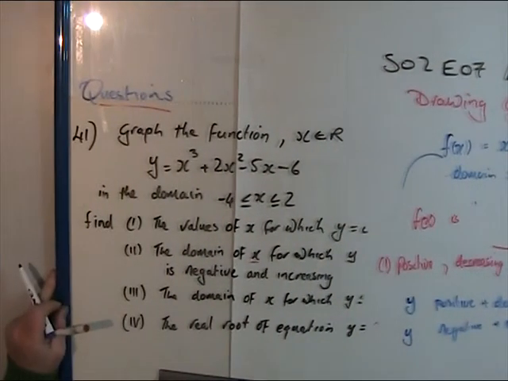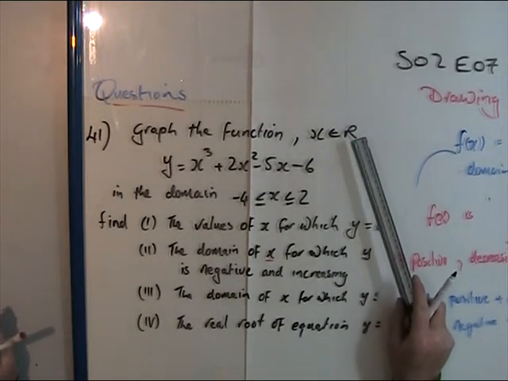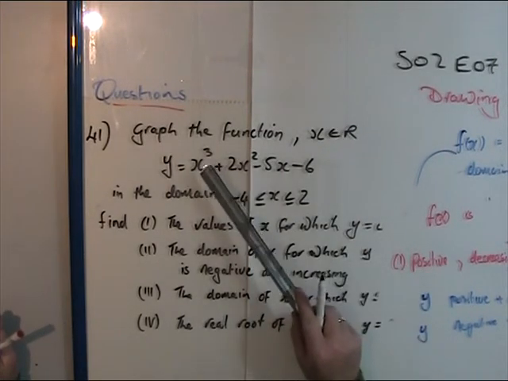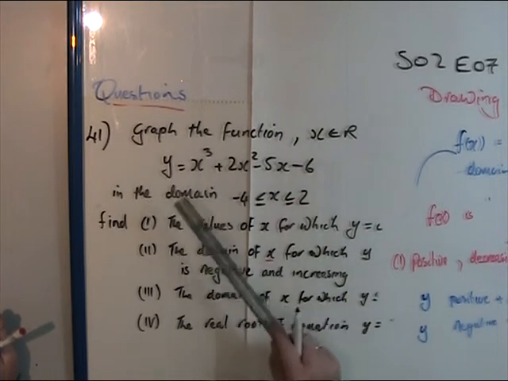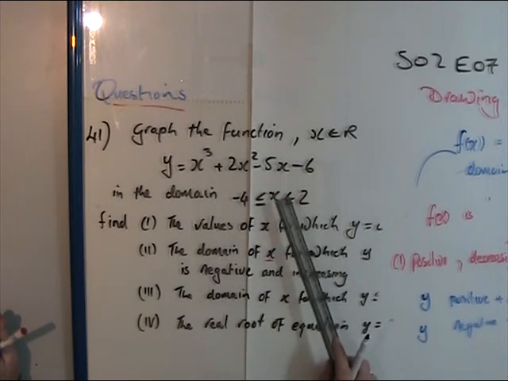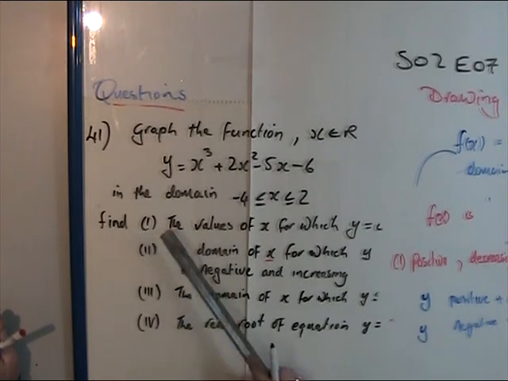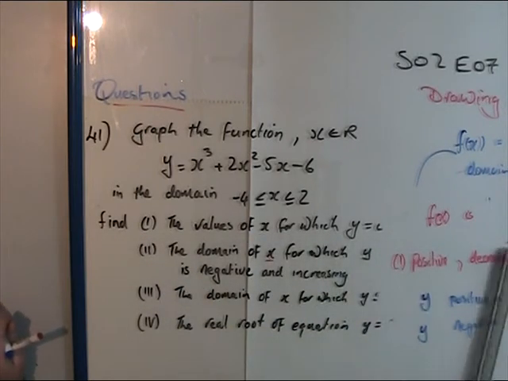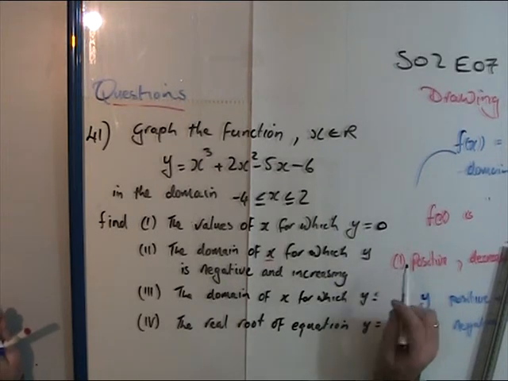This question says, graph the function y is equal to x cubed plus 2x squared minus 5x minus 6, where x is an element of R and x lies in the domain of minus 4 and 2. That means x is greater than or equal to minus 4 and less than 2. Find the values of x for which f of x, for which y is equal to 0. Y is f of x, remember.